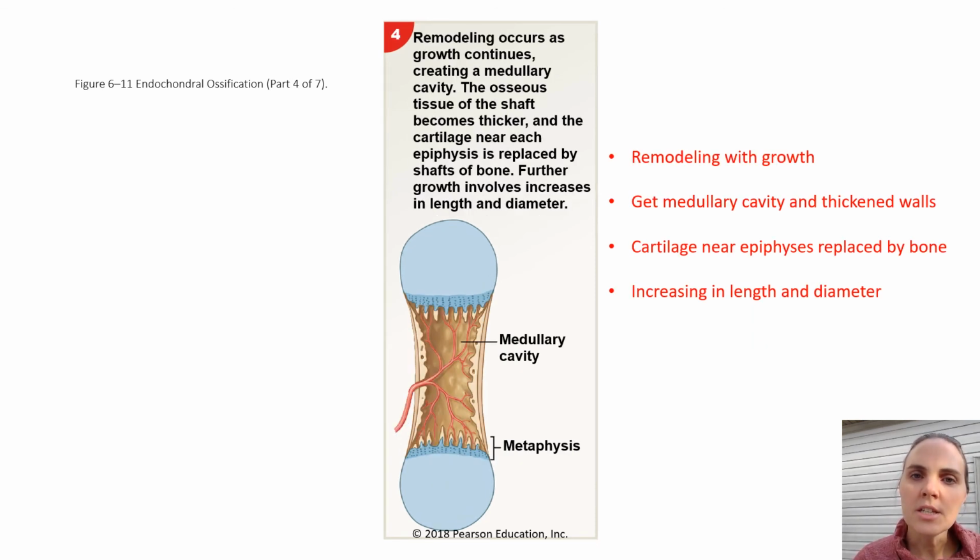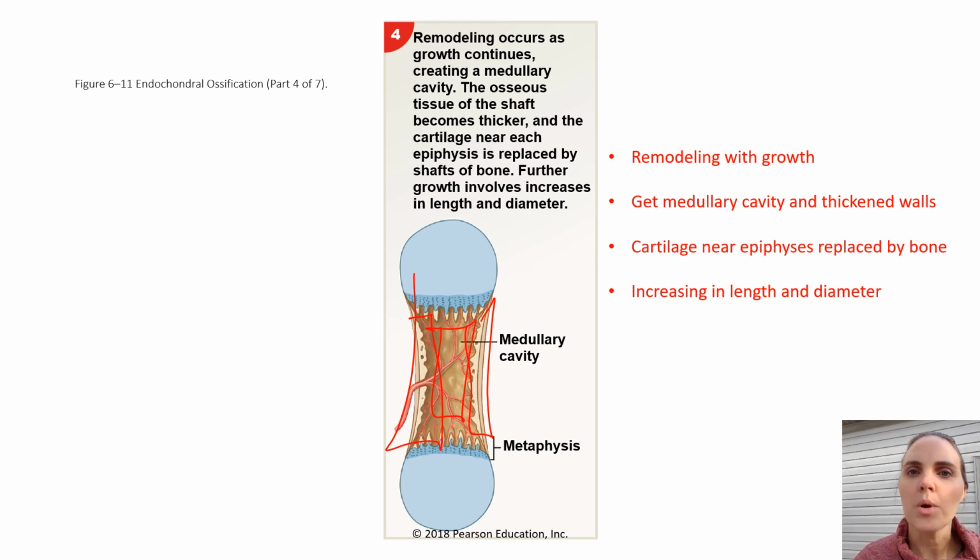As growth continues, this structure is remodeling, and we get a medullary cavity in the center of the shaft. So we've got that medullary cavity, and then the osseous tissue along the sides of the shaft becomes thicker and more solid.